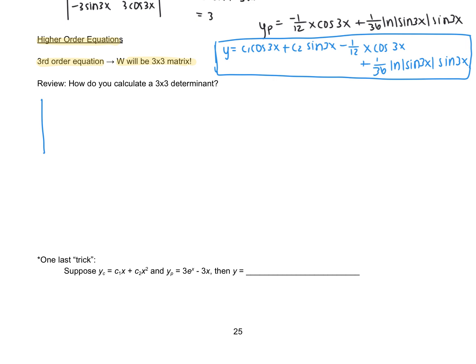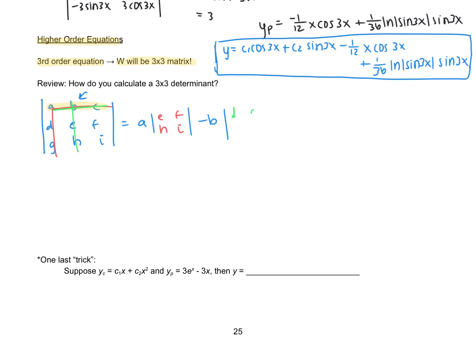So let's say that we have A, B, C, D, E, F, G, H, I, and we want to find the determinant of this matrix. What you're going to do is choose one row or column. I'm going to start with A, and then I'm going to ignore the row and column that A is in, and I'm going to be left with the determinant of E, F, H, I. Then when I go on to B, the next one, I'm going to flip the sign, and I'm going to ignore the row and column that B is in.